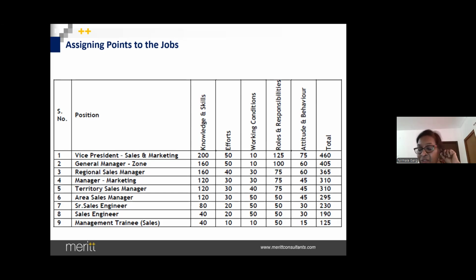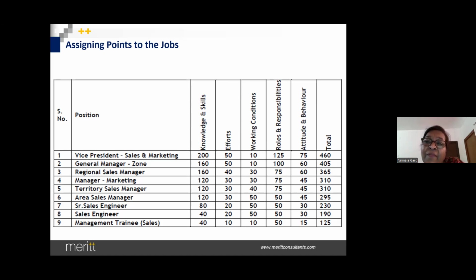So the difference between 460 and 430 is how much? How many points? 30 points, right? So when you do this point plan for all the jobs, you also can understand if vice president is getting paid much, much higher as opposed to general manager.